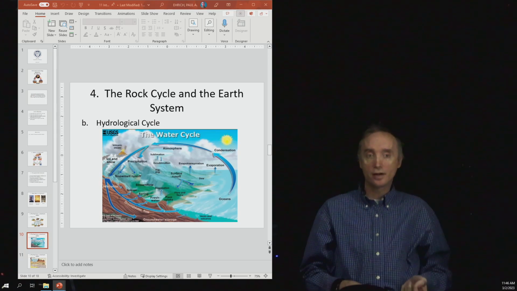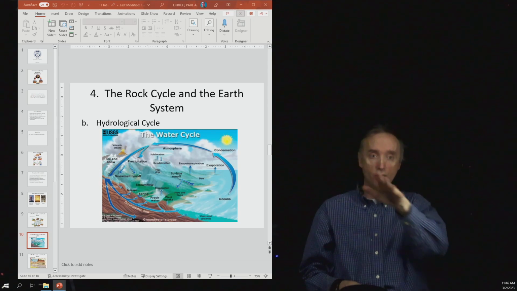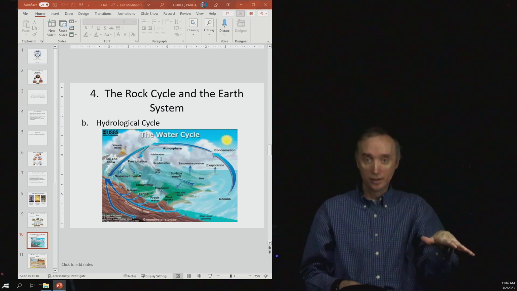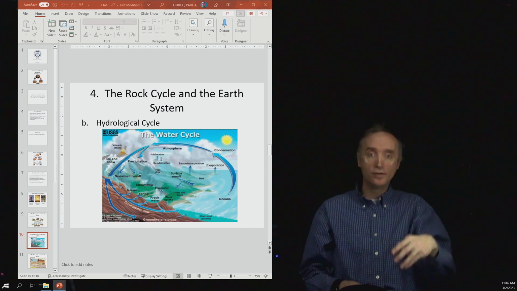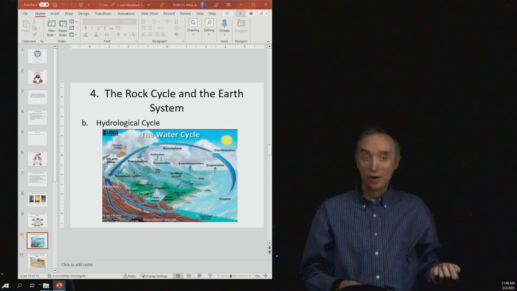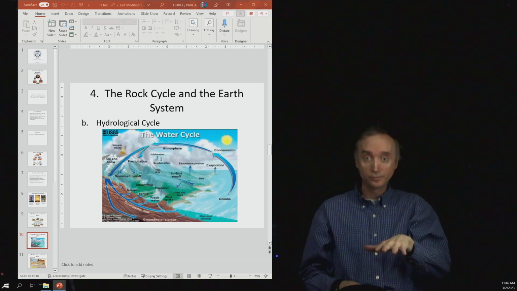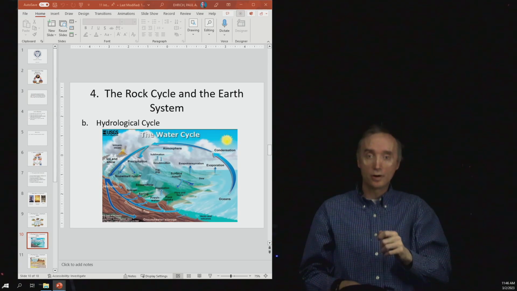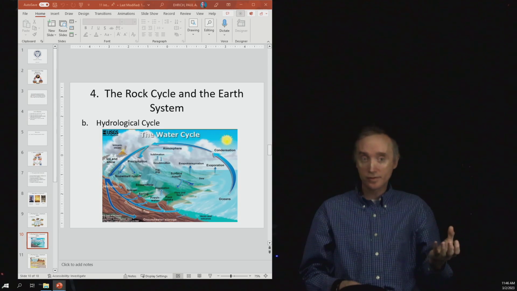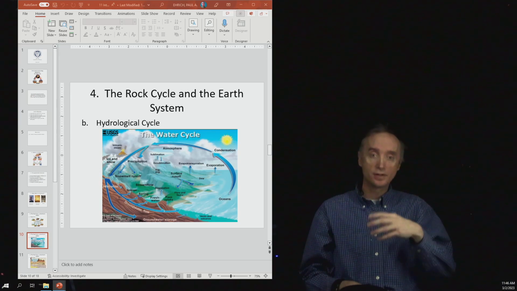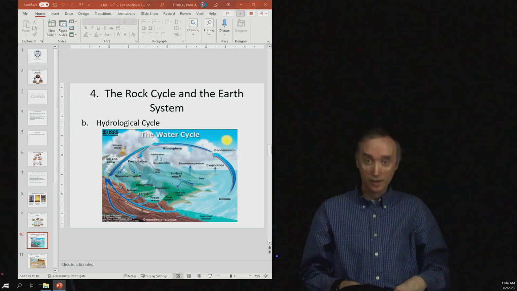If it's rained onto the continents, it could flow on the surface in the form of rivers, go into lakes, and eventually end up in oceans. Or that water could sink into the ground and become part of groundwater, which could come back to the surface as a spring, or flow directly into a lake, which then drains into the ocean.